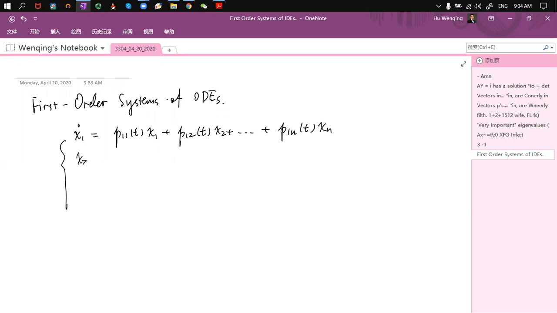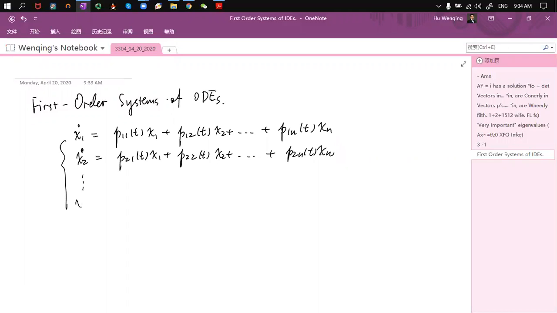So x2 dot is equal to p21 of t times x1 plus p22 of t times x2 plus dot dot dot plus p2n of t multiplied by xn. That's how the system of first order ordinary differential equations is going to look.